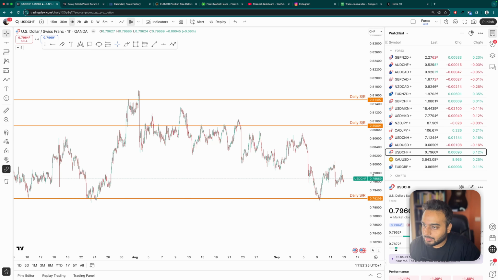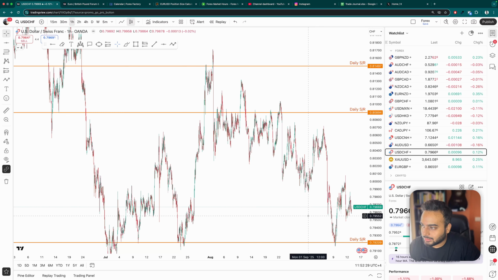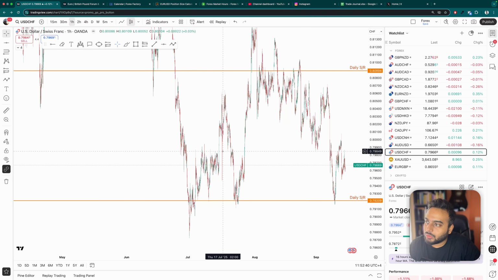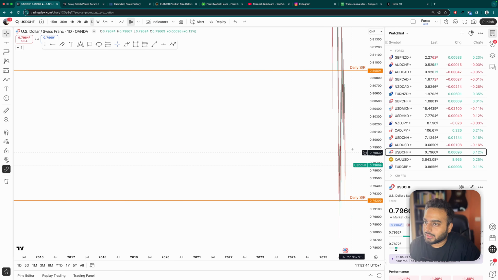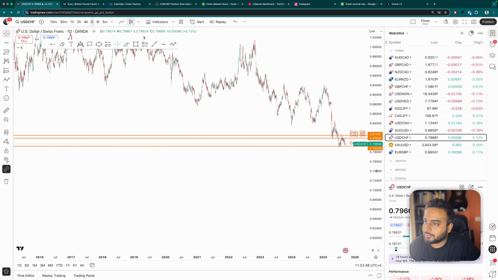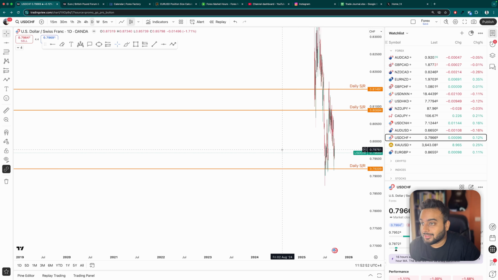The only problem I see is this level. Wait, yeah, okay. And we don't have much history here. So let's go on the daily time frame again, and see if we can find some. Nah, nothing here. It's at a low. So USD CHF, I love this pair.